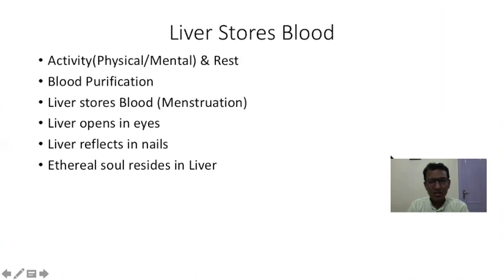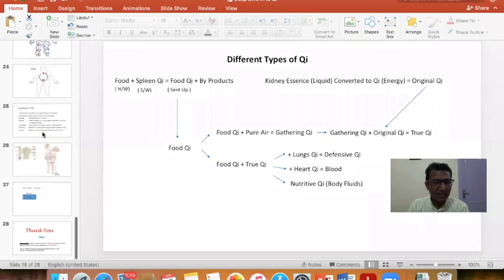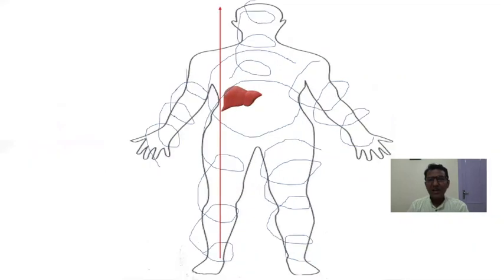Last week we discussed this figure, where the liver is monitoring the entire flow of energy, the smooth flow of energy throughout the body. That is its primary direction, and the secondary direction is that it also raises the energy upwards.